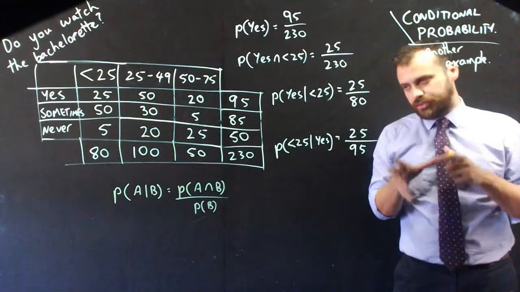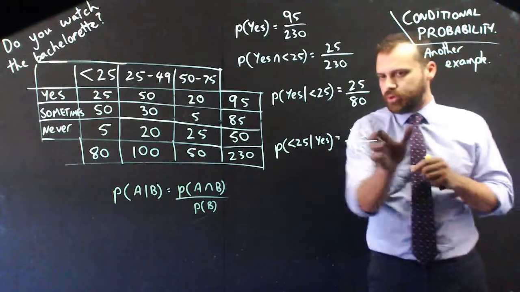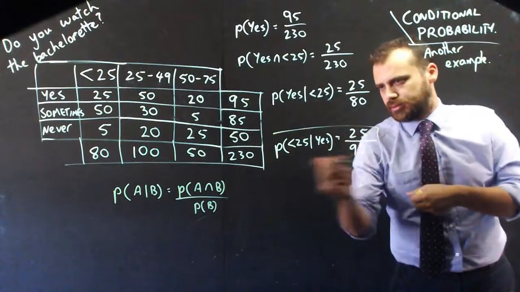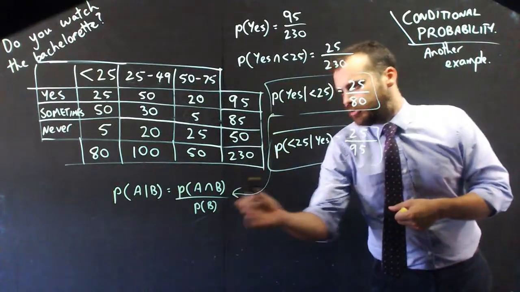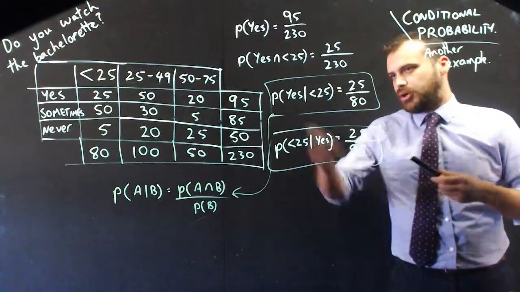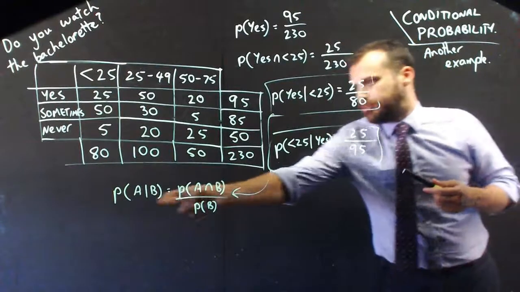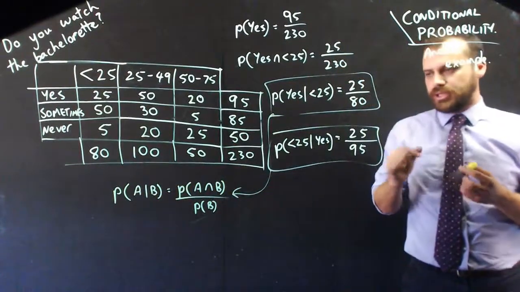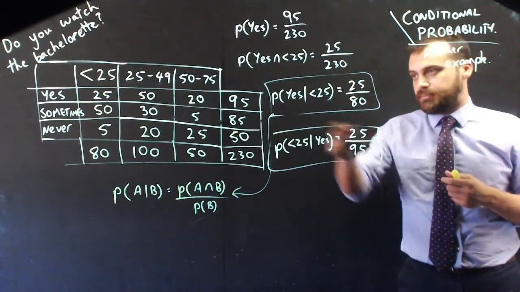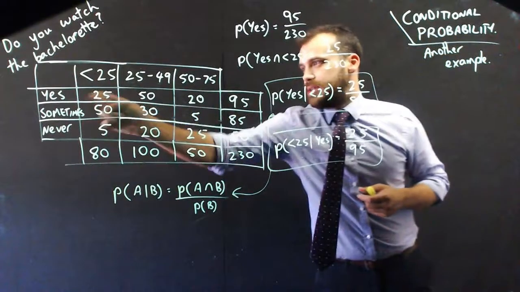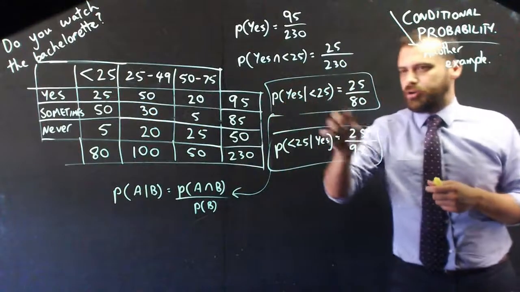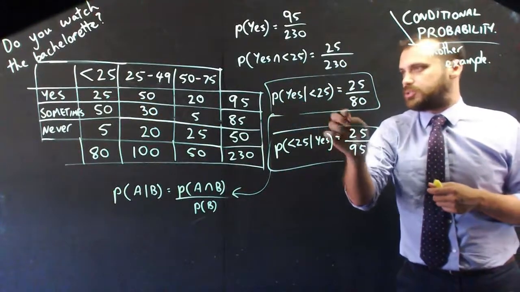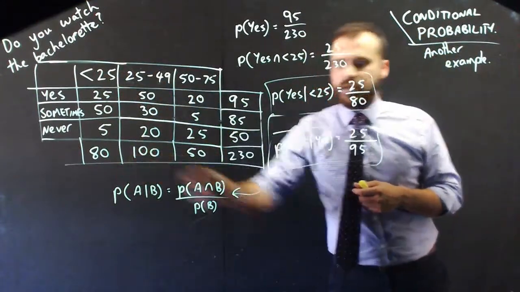We just need to finish by reiterating that what I've done here and what I've done here is really use this formula. The probability of yes given under 25, the probability of A given B, is equal to the probability of A and B, in this case, yes and less than 25 is 25, over the probability of less than 25, 80.